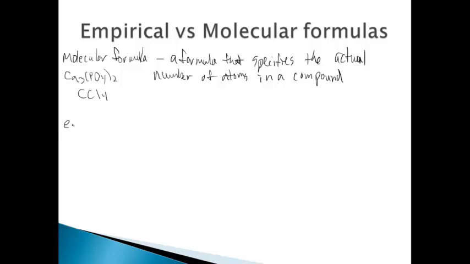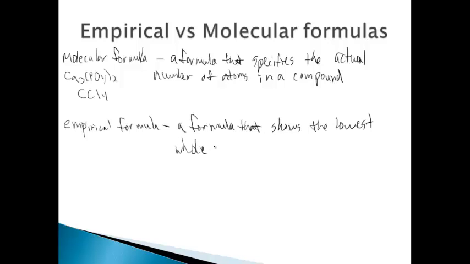What we're going to look at today is something called an empirical formula. And what an empirical formula is, it is a formula that shows the lowest whole number ratio of elements in a compound.